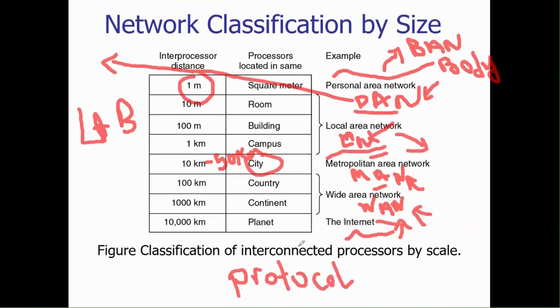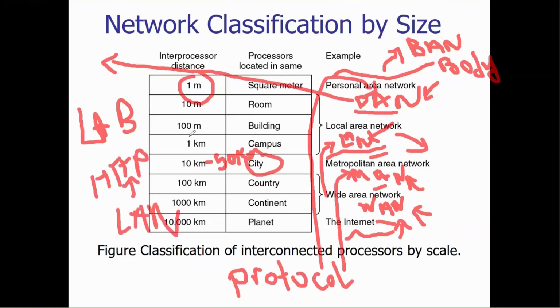The protocol that we use for PAN is different than what we use for LAN, which is different than what we use for MAN. And we'll talk about many examples later on. Of course, the protocol will change. So I'm not going to use, for example, the HTTP application protocol in the LAN. That would be very bad. I'm not going to use FTP in the LAN, for example. These are protocols you know, so that's why I'm using them.